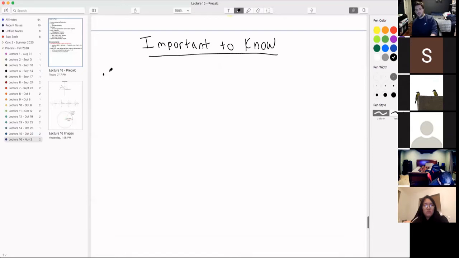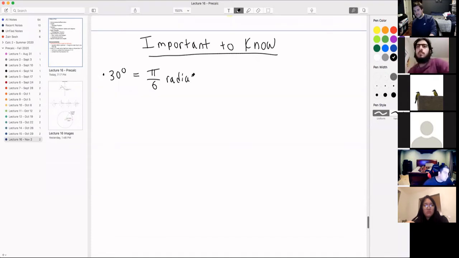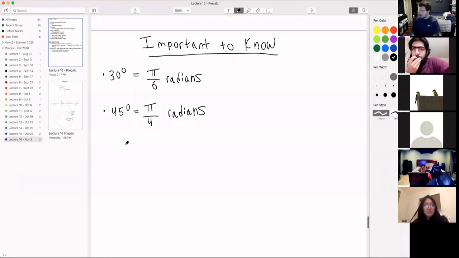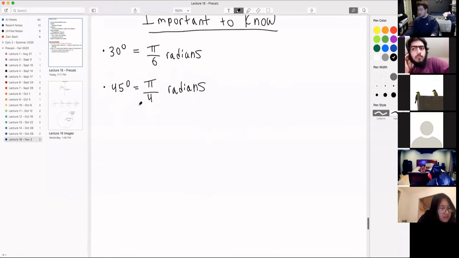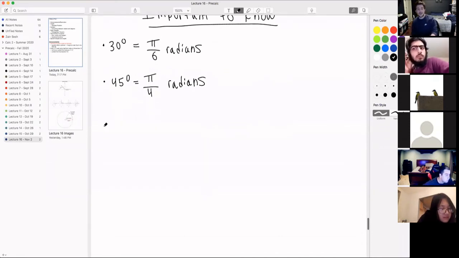I would definitely suggest noting these down somewhere because these angles in particular are going to be used very often in our class.